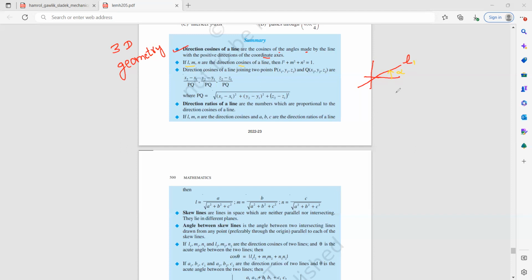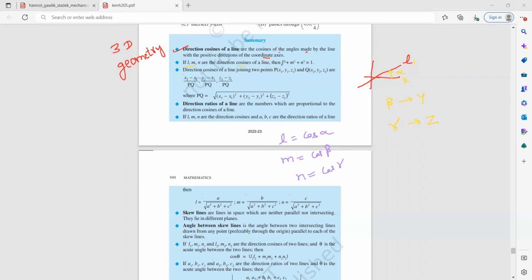If the angle with the x-axis is alpha, with the y-axis is beta, and with the z-axis is gamma, then you can easily write l is equal to cos alpha, m is equal to cos beta, n is equal to cos gamma.